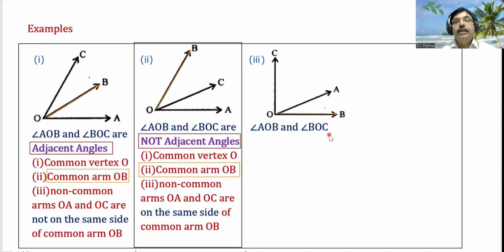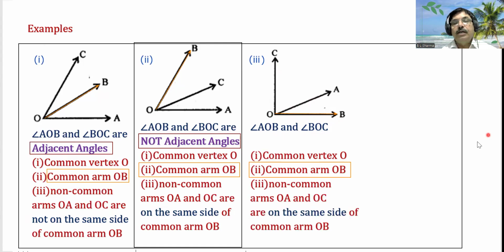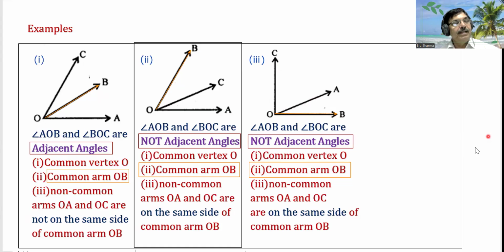Now we consider angle AOB and BOC in this figure. Here in AOB and BOC, the common arm is OB, in this one also and in this one also. See here, the non-common arms OA and OC are on the same side of the common arm OB. That is why the two angles are not adjacent angles. So let us check. The common vertex is O, the common arm OB is there, but non-common arms OA and OC are on the same side of the common arm OB. That is why we can say that the two angles are not adjacent angles. I have taken these examples to show you. In this way, you can verify from these examples whether two angles are adjacent angles or not.